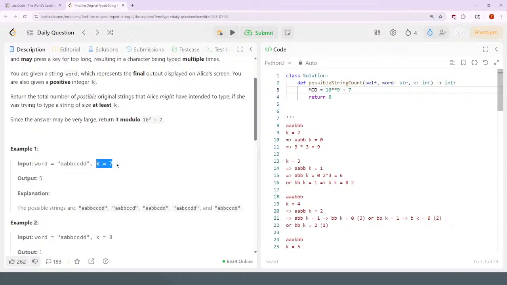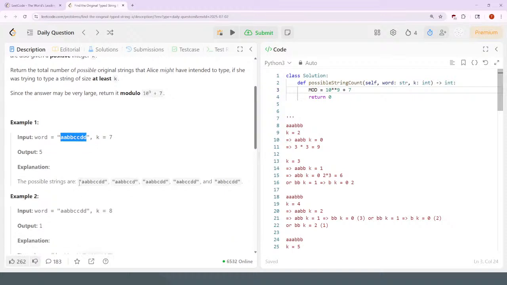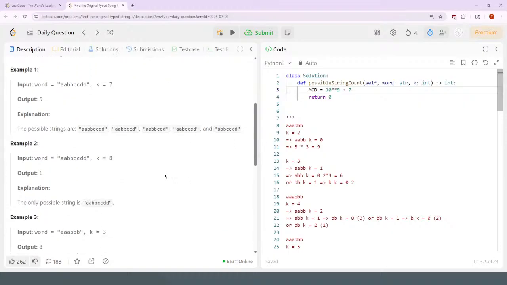Or she intended to type only 7 exactly, not 8, so one of the A, B, C, or D had to be an extra, unintended duplicate. And there's going to be 4 possibilities there, so it's 5 total. Like she didn't make any mistakes, or she made an extra A, B, C, or D.